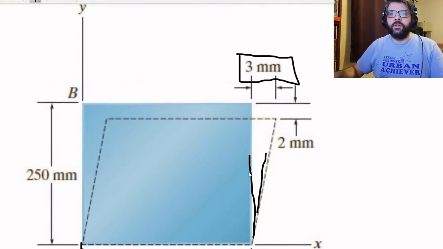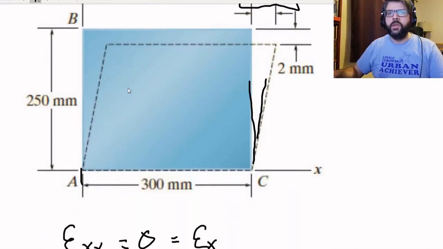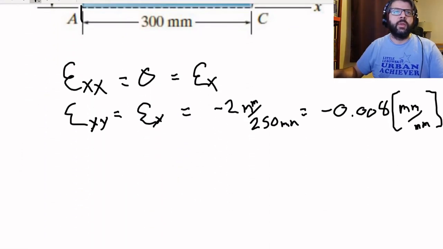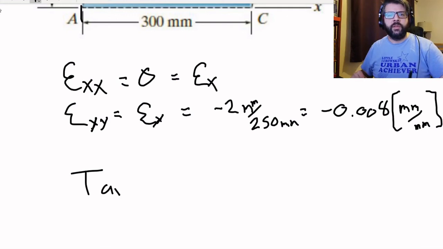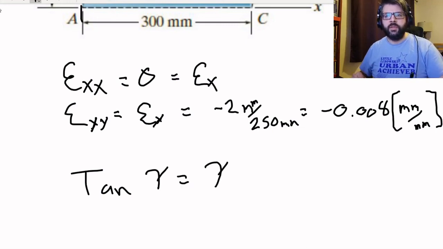It should be relatively easy to calculate here. So we are going to go ahead and make the small angle approximation, which is basically saying that when we're working with radians, tan of our angle is going to be equal to the angle.